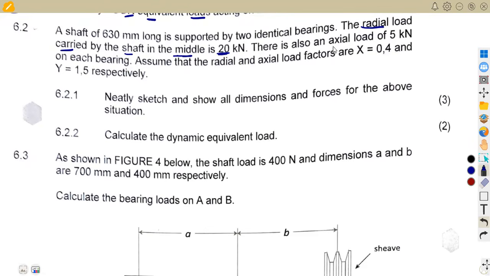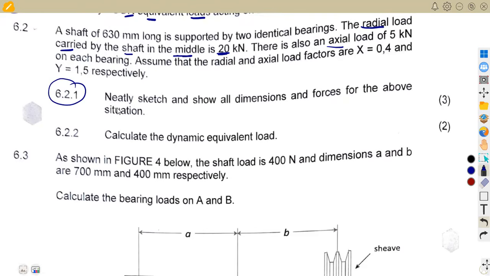There is also an axial load of 5 kilonewton on each bearing. Assume that the radial and axial load factors, X is 0.4 and Y is 1.5 respectively.